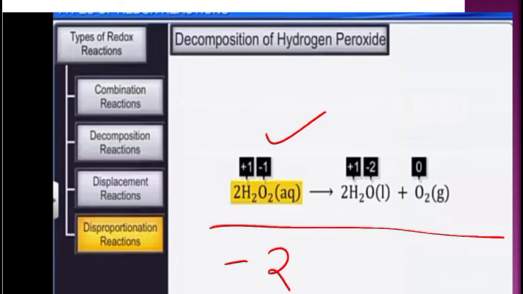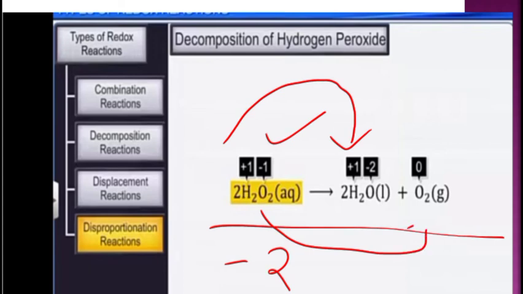After the reaction, hydrogen remains +1. We'll take the case of oxygen. After the reaction, oxygen is converted to 0 in O2 and -2 in H2O. So what happened?